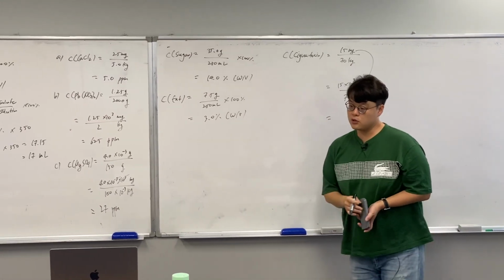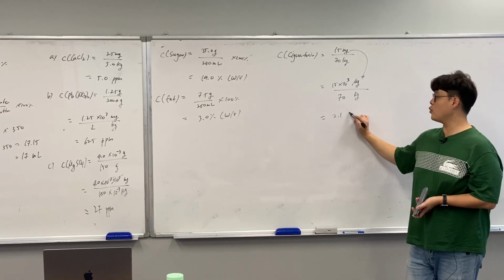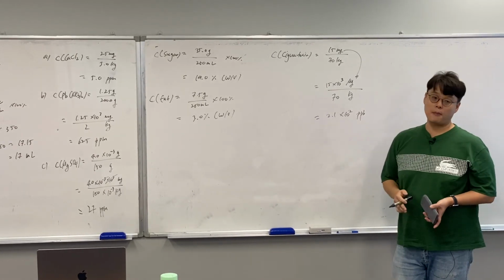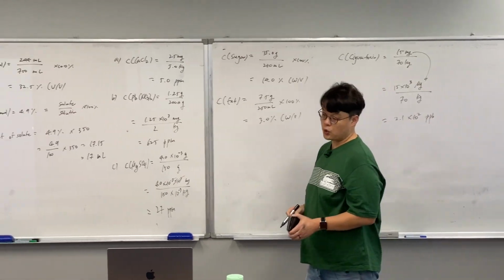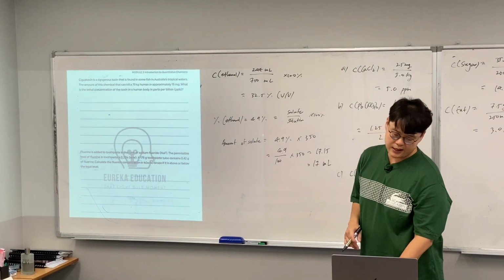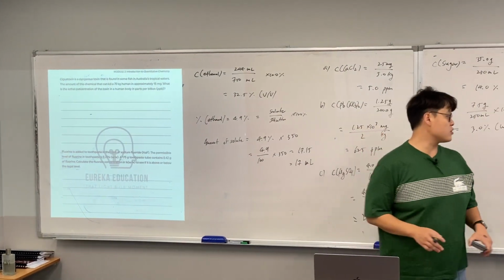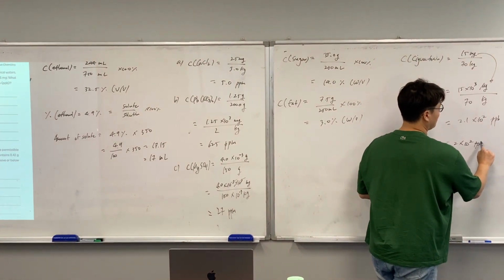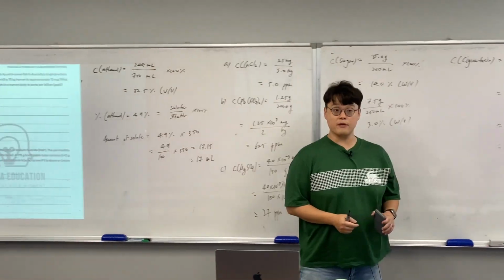So simply put that in your calculator, you'd get 2.1 times 10 to the power of 2 ppb, parts per billion, in 2 sig fig values. I know 70 is actually 1 sig fig, so you may just relieve that to 2 times 10 to the power of 2 ppb, following the sig figs you're given.